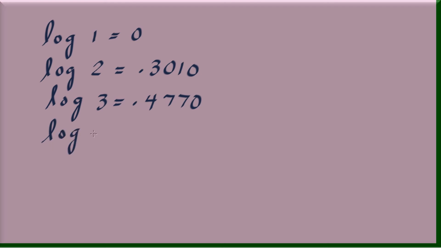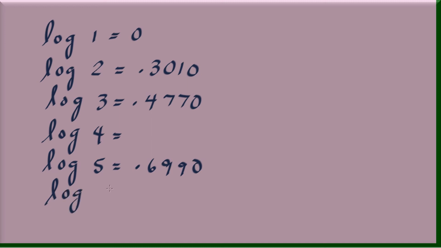Then we're going to get log 4 using the properties of log. Log 5 by calculator is 0.6990. And we'll see how we're going to get log 6. And then log 7, again by calculator, is 0.8485.